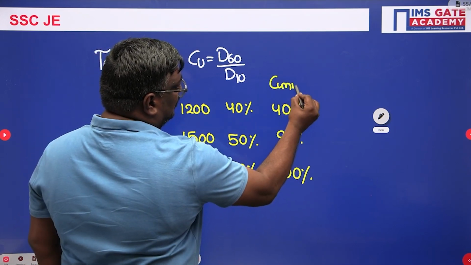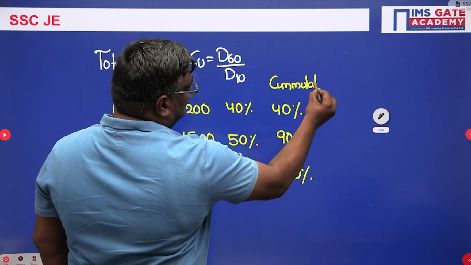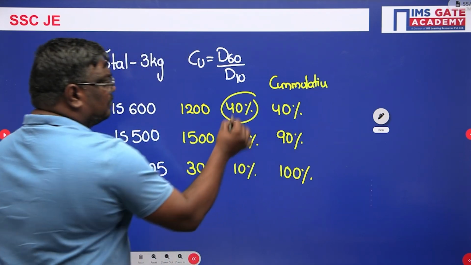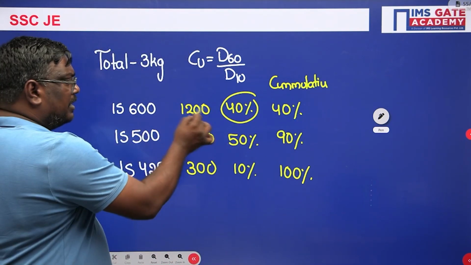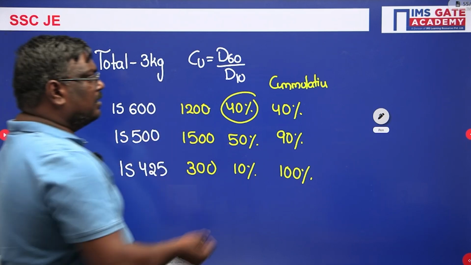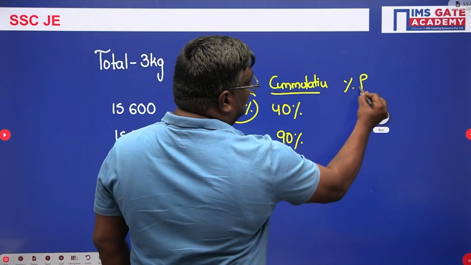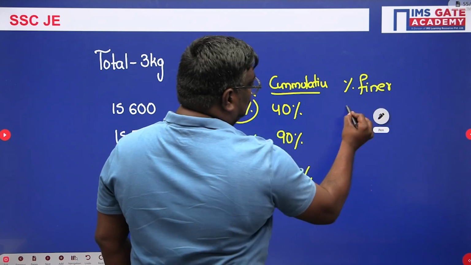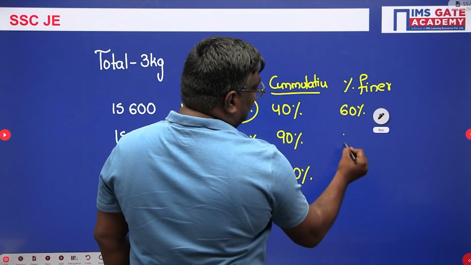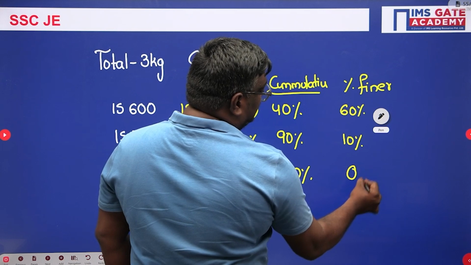Are you following or not? This is cumulative, this is percent, and this is weight retained. How do we get it? 1200 divided by 3000 into 100. Cumulative means you add all these things. Now percentage finer is 100 minus cumulative, so it will be 60 percent, 10 percent and 0 percent.